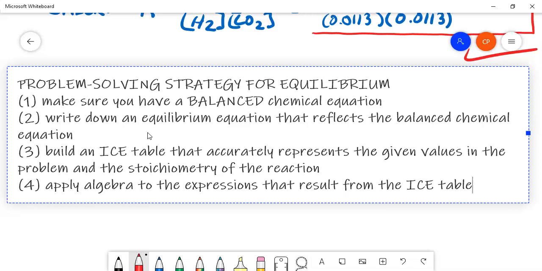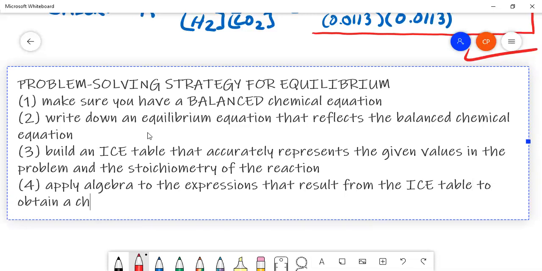But you have to apply algebra well to the expressions that result from the ICE table. And the result of that algebra is going to be the value of that change variable x that you express in the ICE table.